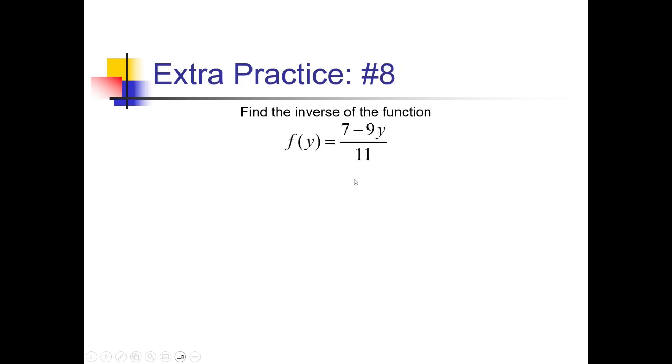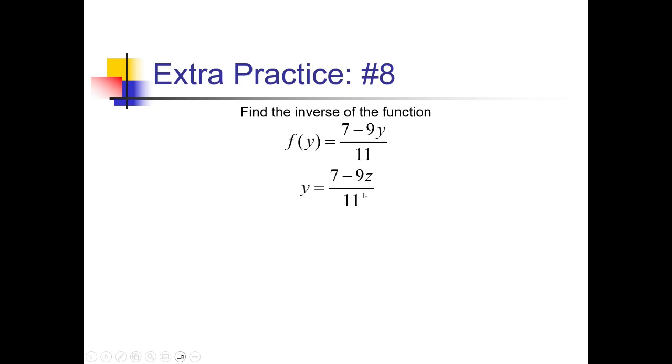For this problem, this is a little bit trickier because y is the input variable now, and I've been using that as kind of my stand-in for the output variable. So I'm going to use z as my output variable this time around. So let me rewrite this. We have y equals 7 minus 9z over 11. And now to find the inverse, I'm just going to isolate z.